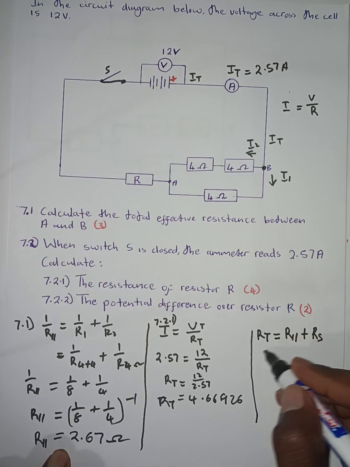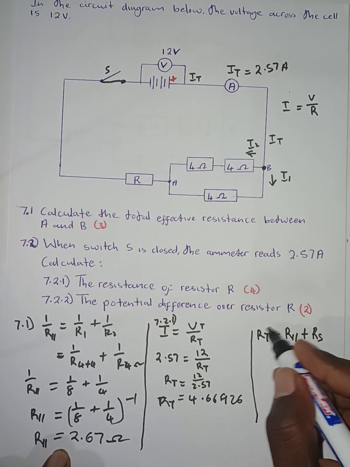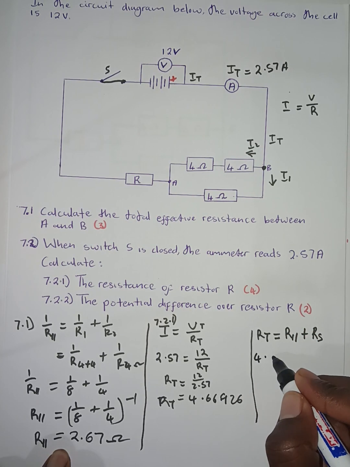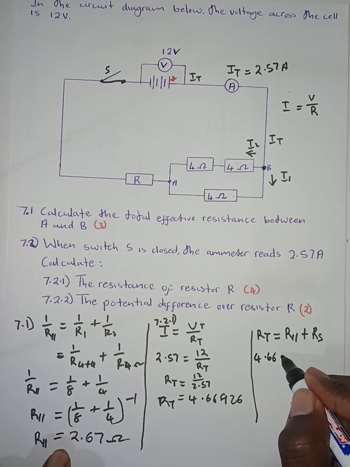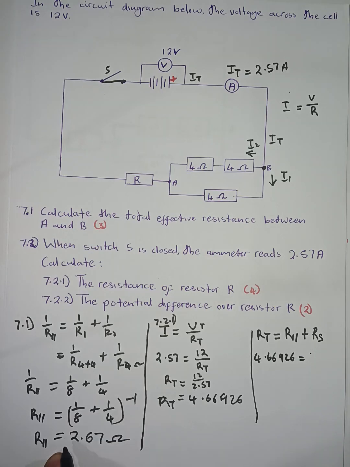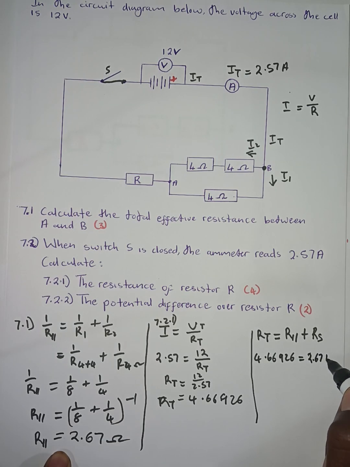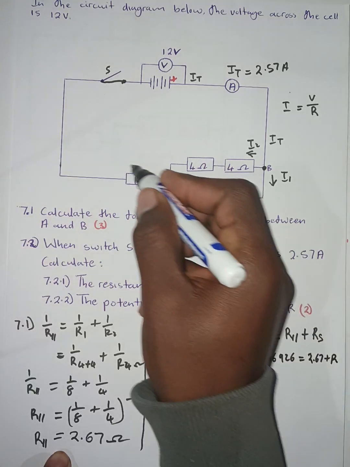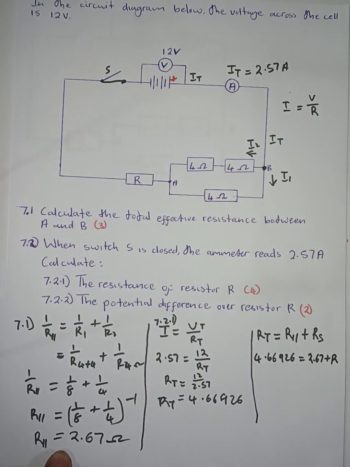But remember, we now have R total. So that R total would be 4.66926. That would be equal to R parallel. We found our R parallel to be 2.67, right? So this would be 2.67 plus that resistor there that we don't know its value.